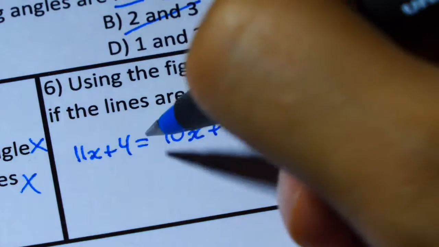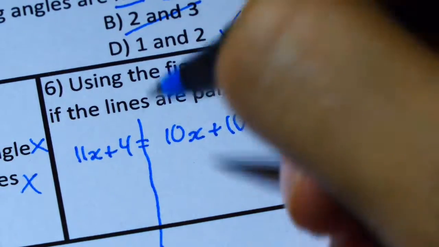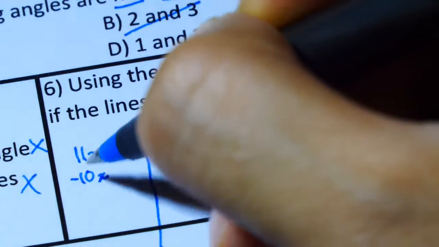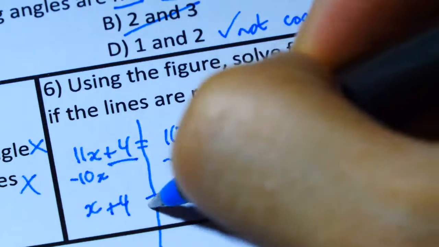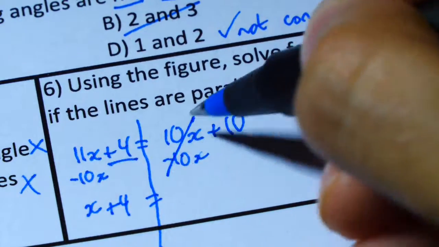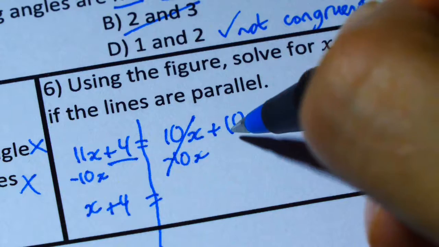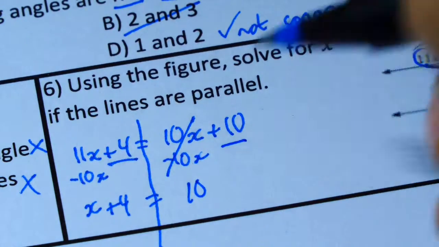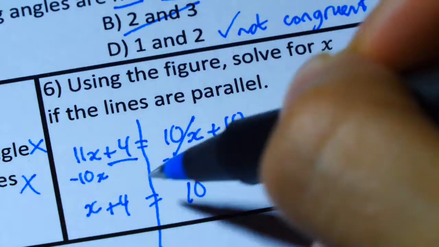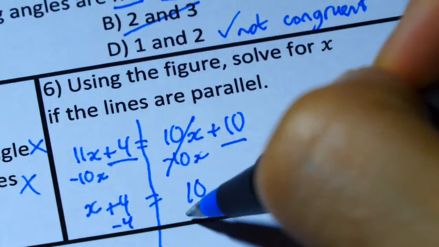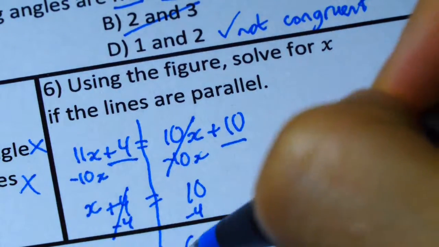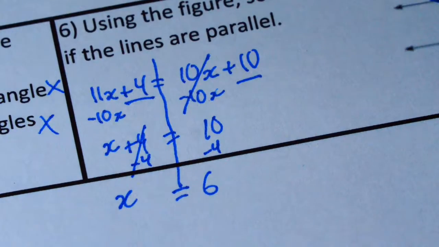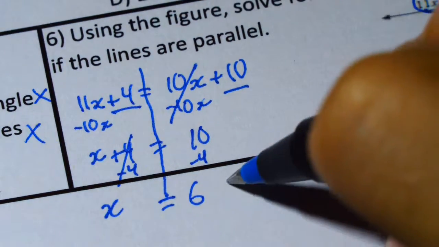Okay, now if you solve this equation, minus 10x minus 10x, 11x minus 10x is 1x, and we have the plus 4. 10x minus 10x cancels, and we just have 10 here. X plus 4 equals 10, minus 4 on both sides. X equals 6. Okay, this is the answer.